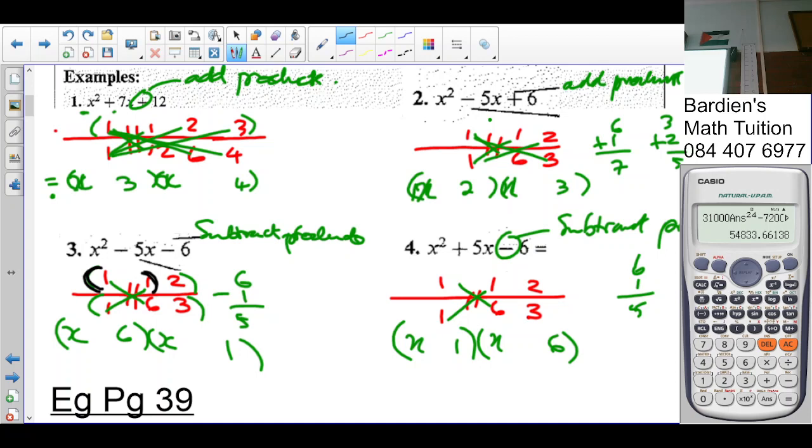Yeah, but where did you get the numbers from? Oh, where did I get it from? You see this one here? 1 multiplied by 1 is 1. For 6, 1 times 6 is 6, 2 times 3 is 6. The factors of 6. You understand now? Okay, any other confusion? Sorry about that now. Shouldn't be making that mistake.